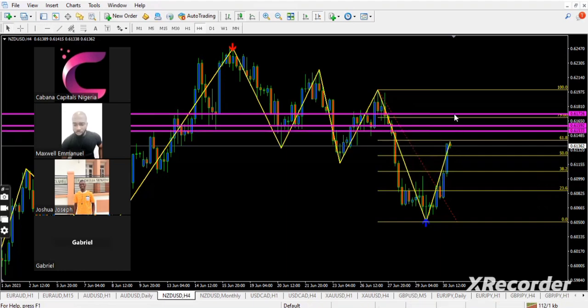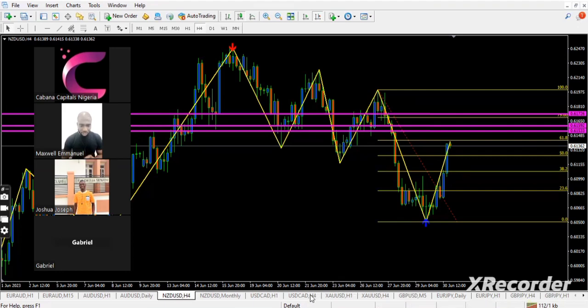So when price moves into these levels, there would be a candlestick formation indicating that the trend is changing from bullish to bearish. That is what I'll look out for at these levels. It could be a shooting star, it could be a bearish engulfing, it could be a double top. So that's my take on New Zealand USD.